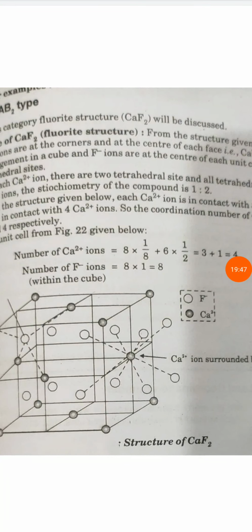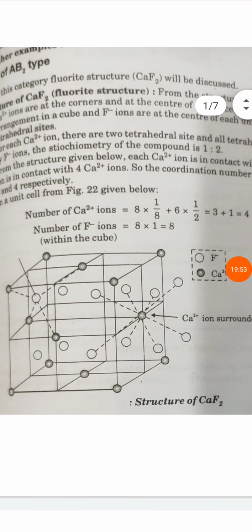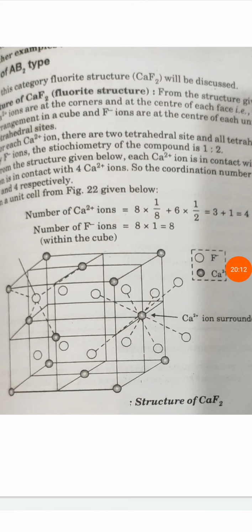And when the size of the anion is large and the size of the cation is small, then the coordination number decreases. That is, when r+ is greater than r-, the radius ratio value, r+ divided by r-, increases, and the structure becomes unstable and the coordination number increases.